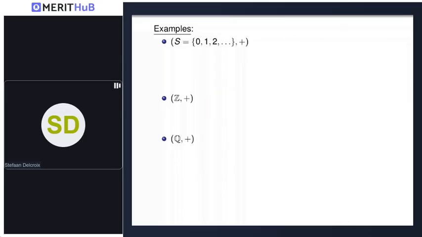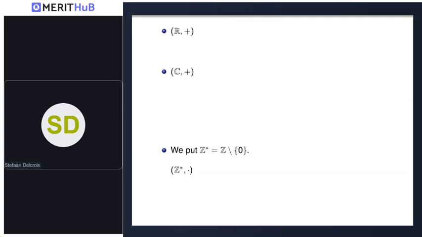Next, real numbers and complex numbers. Same thing again. In the real numbers, we have additive inverses, but it's an axiom.